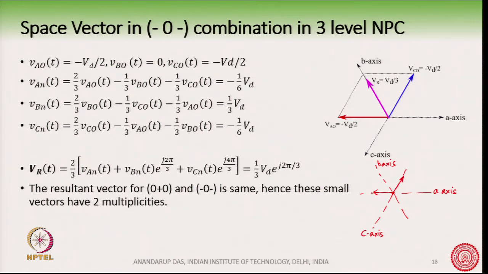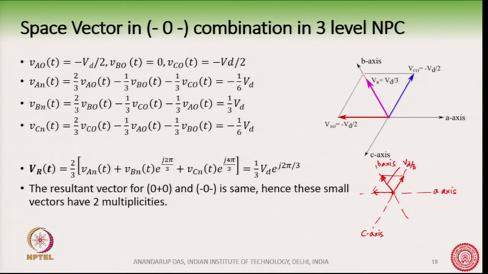So, there is a minus Vd by 2 and minus Vd by 2, and the resultant of these two, by the use of the parallelogram law, is like this, with a magnitude of, because we have multiplied the 2 by 3 here, Vd by 3.